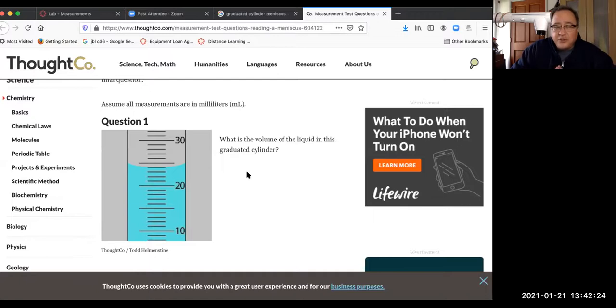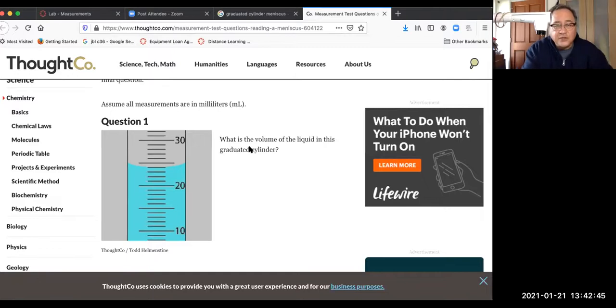Okay, so let me tell you what I would have written down. I would have written 24.0 because I think it's right at 24. If you don't write 0.0, that means that the 4 part of 24 is wishy-washy.